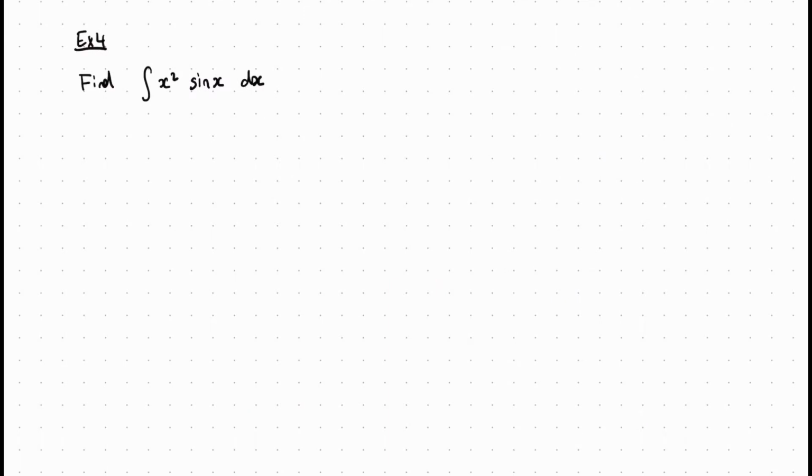We're going to do the integral of x squared sine x. This one's going to be interesting, and you'll see why in a second. I'm going to start off by saying let u equal x squared, which means dv dx is sine x. So du dx is 2x, and v would be minus cos x.